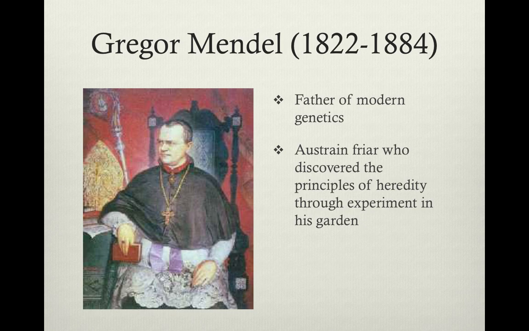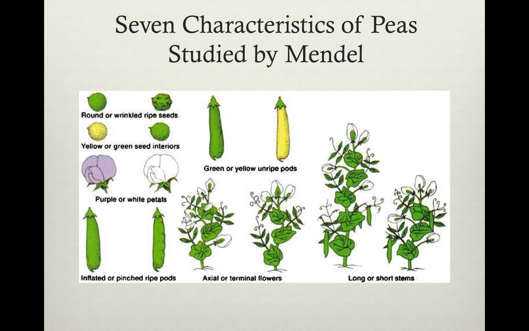He looked at traits of pea plants and determined dominance and recessiveness, and determined that traits are carried on discrete particles called genes. Mendel studied 7 characteristics of peas, including whether they were round or wrinkled, yellow or green, purple or white petals of the flowers, inflated or pinched pea pods, green or yellow pea pods, axial or terminal flowers, or long or short stems.